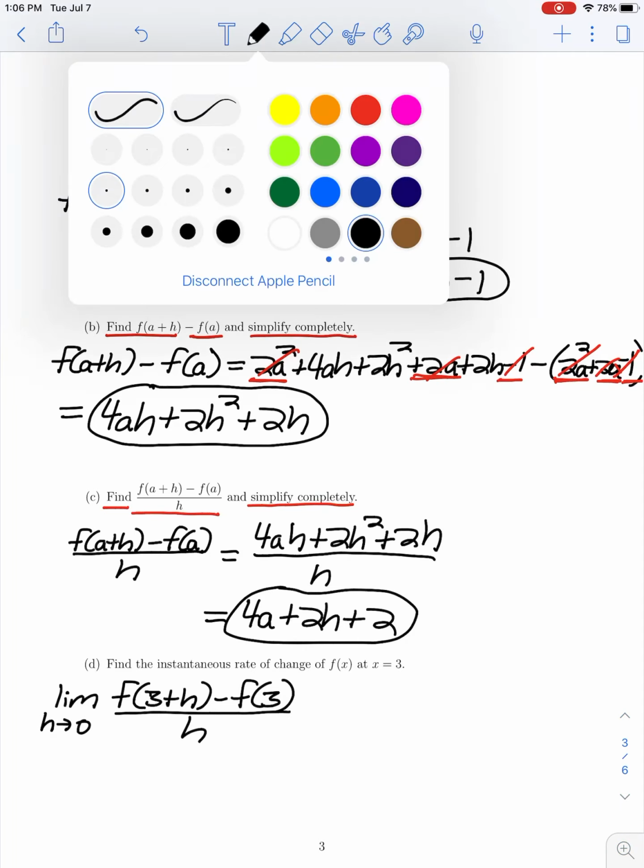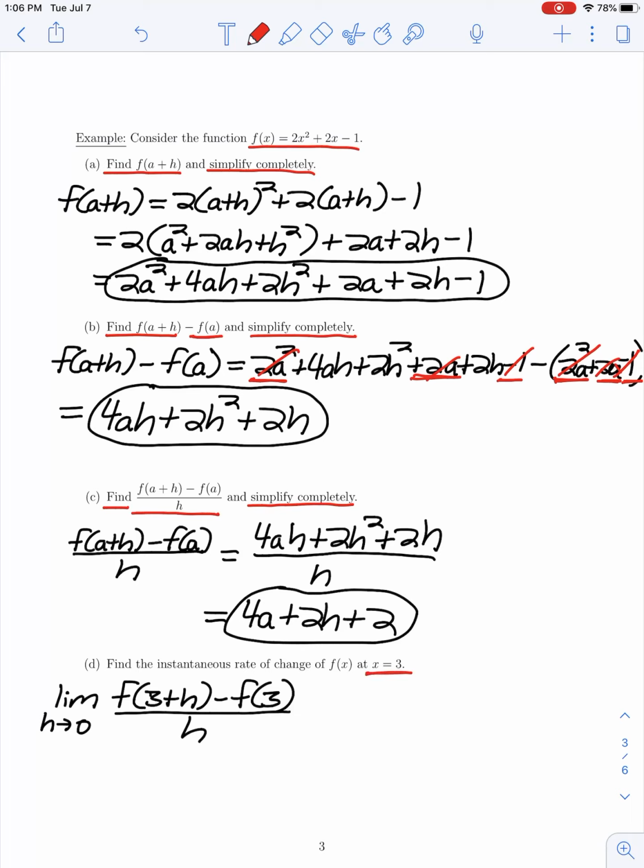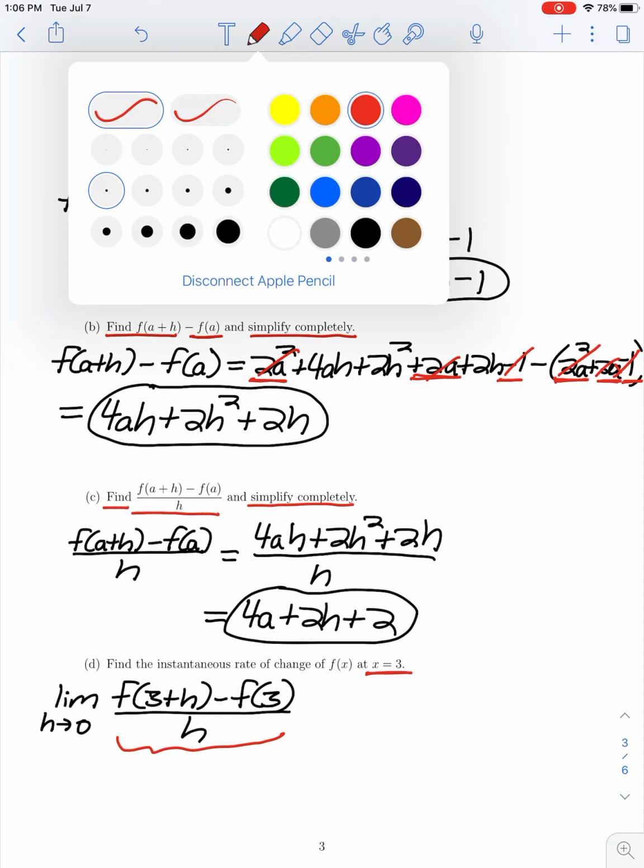So here we're using a value of a equals 3, since that's the value of x that was provided here. Now, the expression that we're taking the limit of is what we found in part C, but with a being set equal to 3.